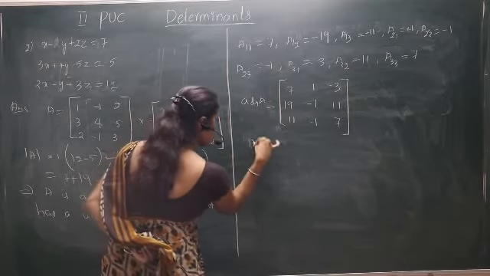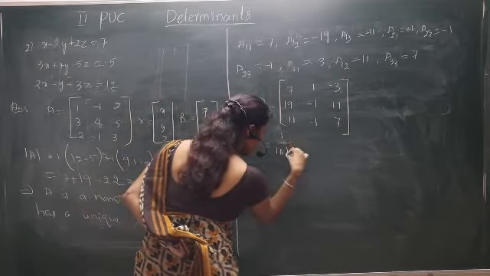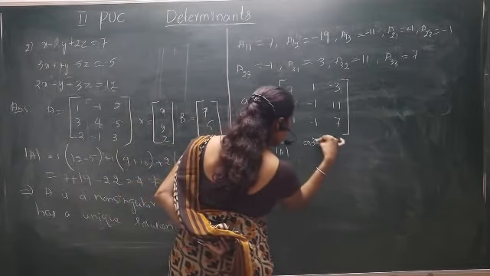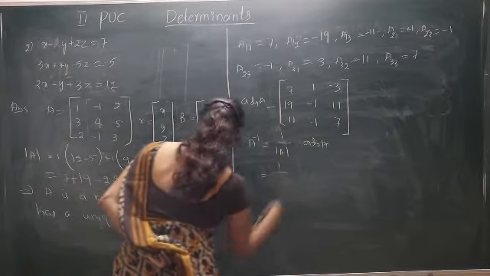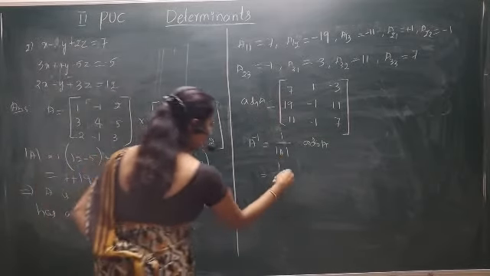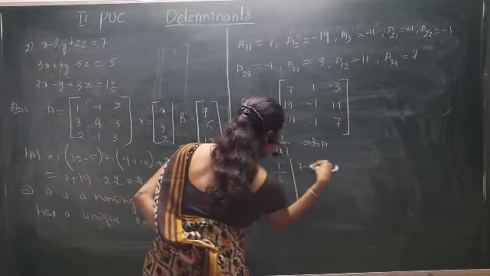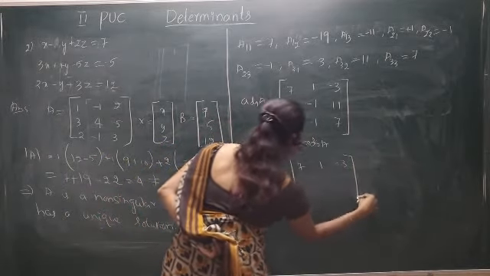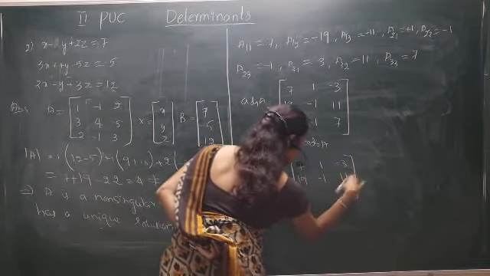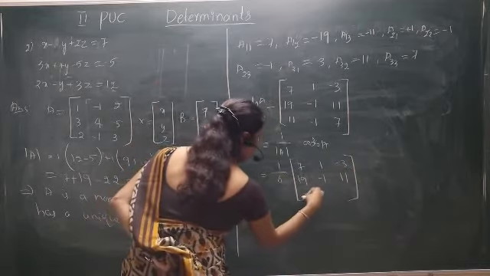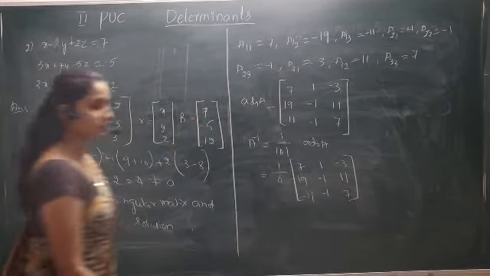Then A inverse is equal to 1 by determinant of A into adjoint of A. So this will be 1 by determinant, which is 4, into the adjoint 7, 1, minus 3, 19, minus 1, 11, minus 11, minus 1, 7.